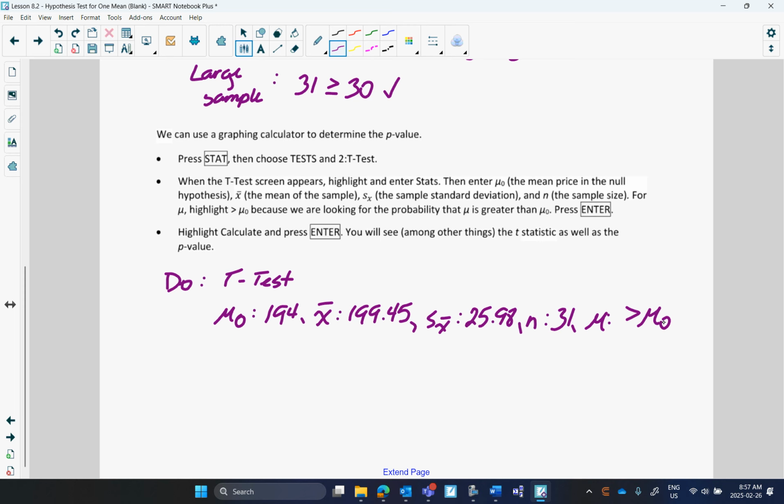And then when you calculate that, you're going to get several values. You want to look for little p, 0.126. That's our p-value. Which is what we got when we did it the long way.